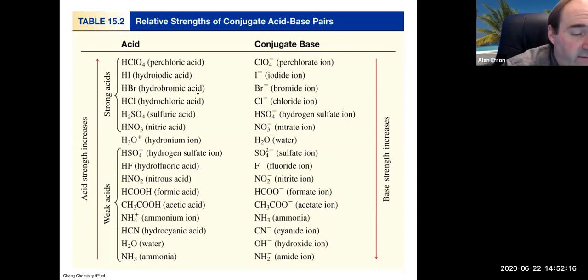There'll definitely be a lot of information to help you determine that if you're not 100% sure. We saw these on an earlier slide as well. You should be familiar that at least these 6 are pretty much strong acids. They're the very common ones that you come across a lot. So out of everything on this table, you should at least know the strong acids, because that's probably important. But again, there'll be a lot of information as we go through these problems that will help you decide that.